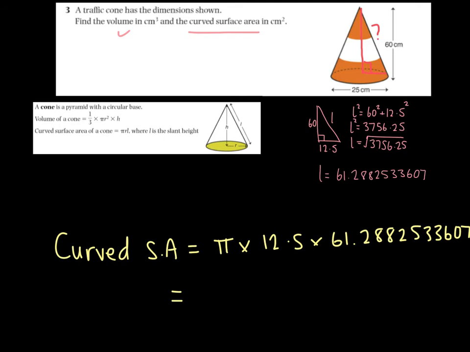Put all that into your calculator, and you get the answer 2,406.7 centimeters squared. I've just rounded that to one decimal place again. Like I said, I just want to stress, do not round anything until you get to your final answer, to avoid any rounding errors.